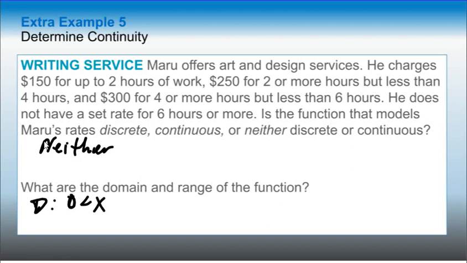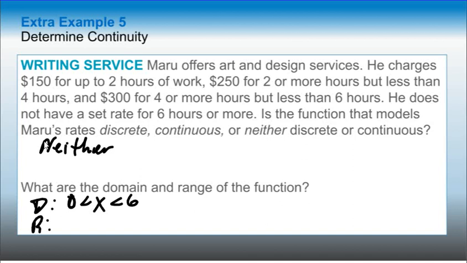If you put it equal to 0, that means 0 hours, you'd be paying $150. And then he does not have a set rate for 6 hours or more. So it would have to be less than 6 hours.